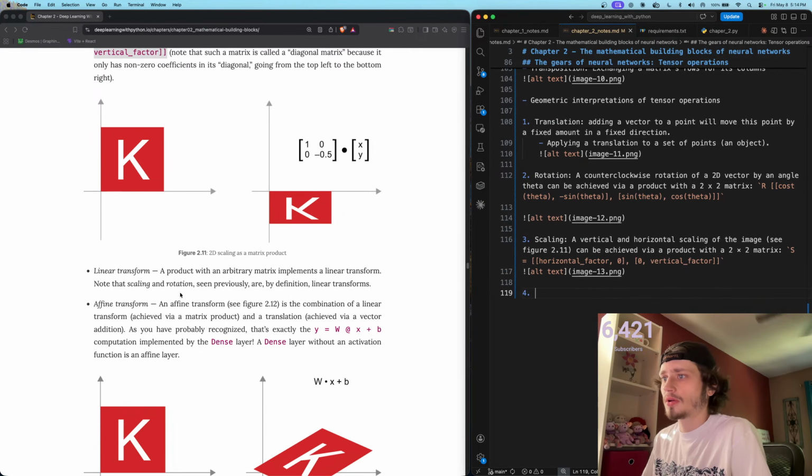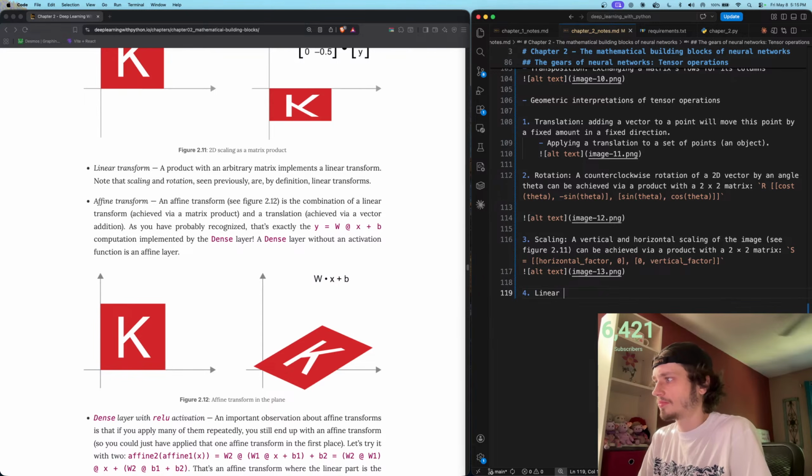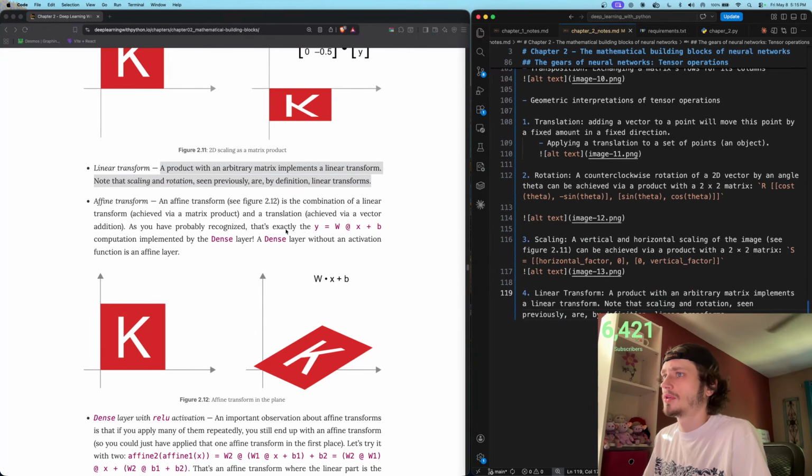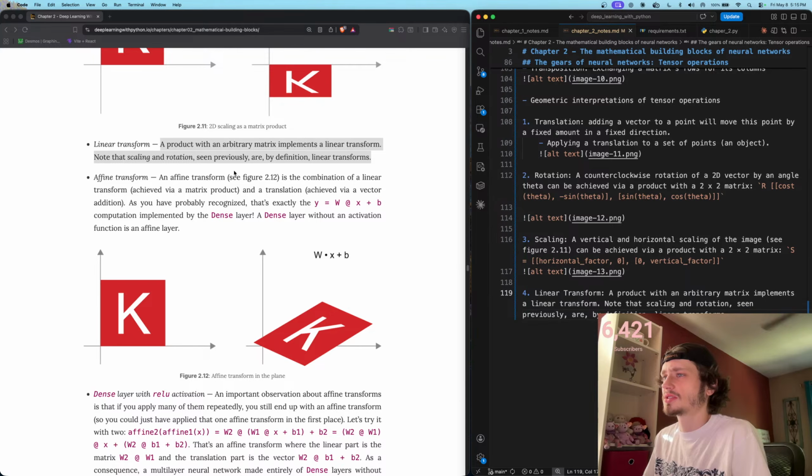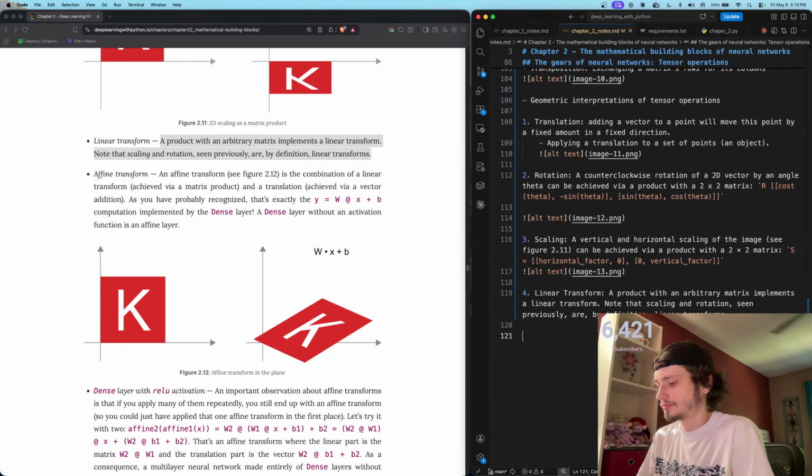4, linear transform. A product with an arbitrary matrix implements a linear transform. Note that scaling and rotation seen previously are by definition linear transforms. So it's just kind of any sort of group of these, I guess. 5, affine transform.